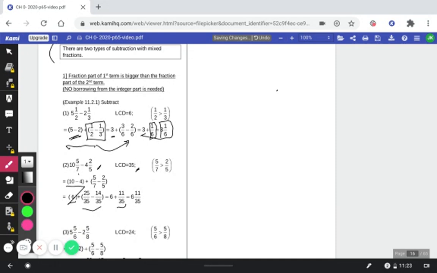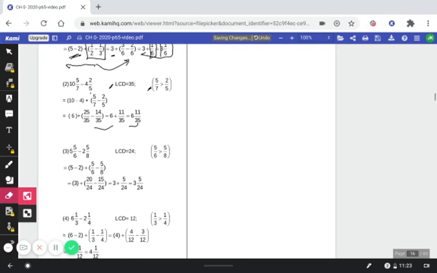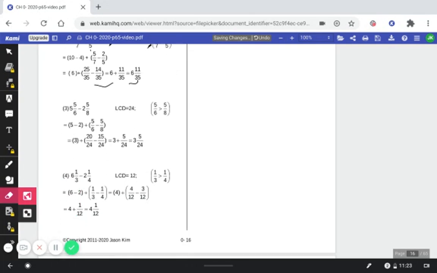Okay. Now the next one, number 3. 6 and 1/3 minus 2 and 1/4. The LCD of 3 and 4 is 12.